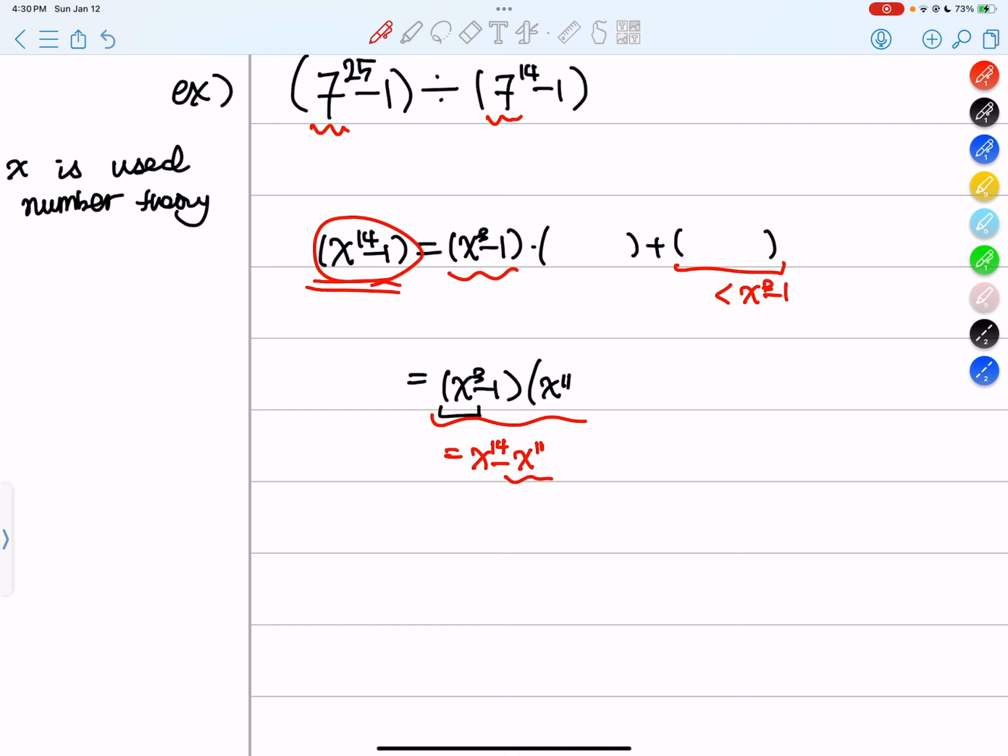How do I make x to the power of 11? Well, if I want to make it with x to the power of 3, I can just say x to the power of 3 multiplied by x to the power of 8. So I'll just add that. And so this whole thing just gave me x to the power of 14 minus this plus this minus this. Do you see it now?